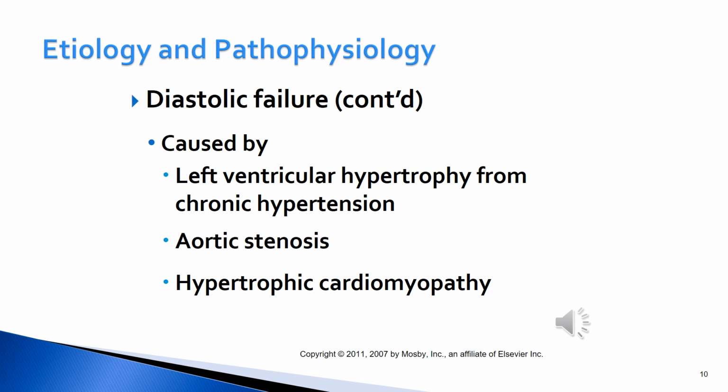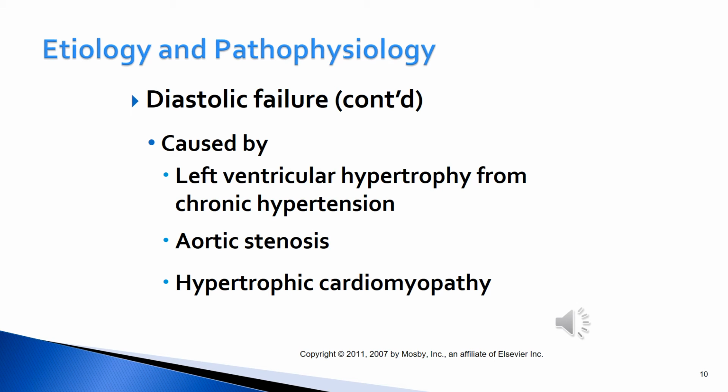Some of the causes of this diastolic heart failure include left ventricular hypertrophy, that enlarged muscle. There's a picture coming up that will show the difference between dilated ventricles and hypertrophied ventricles, so you can get a visual of that. There's also one in your book, but I don't have the page number.